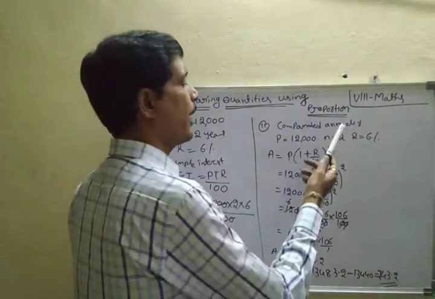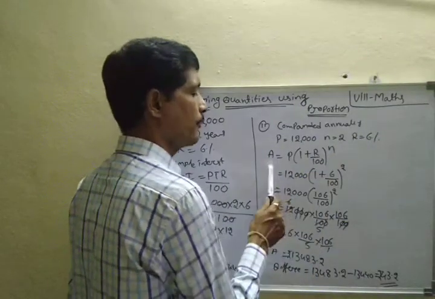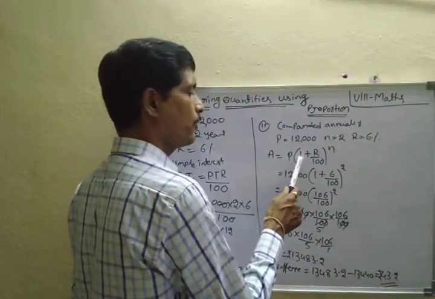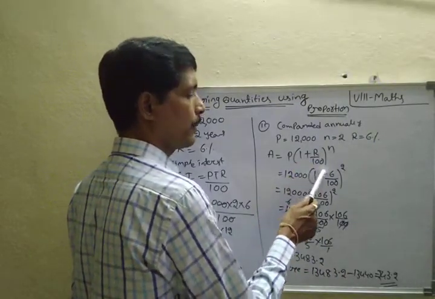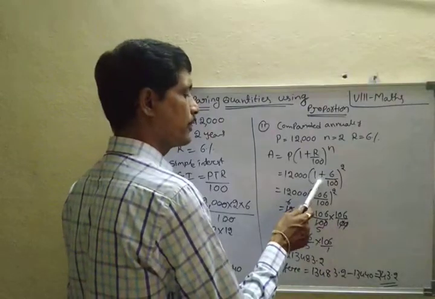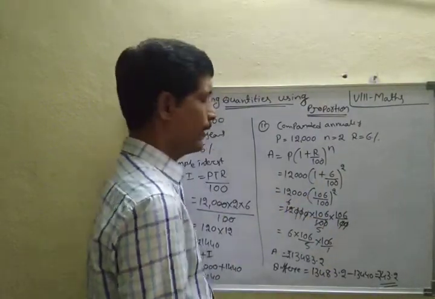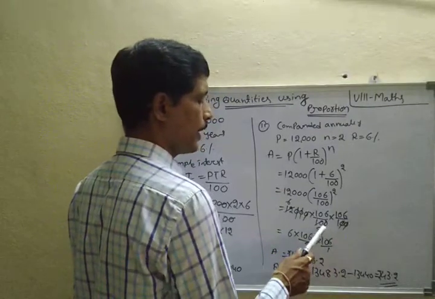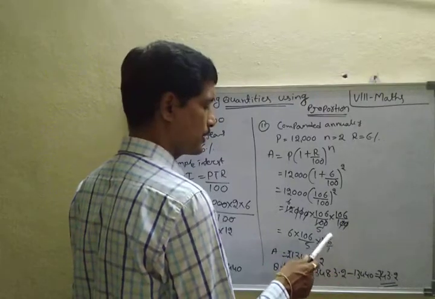Next compounded annually, P equal to 12,000, N equal to 2, R equal to 6%. Therefore amount equal to P into 1 plus R by 100 whole power N. Therefore 12,000 into 1 plus 6 by 100. Therefore here find out the LCM, that is 100 plus 6, that is 106 whole square. Therefore here 12,000 into 106 by 100 into 106 by 100. Zeros get cancelled. 6 into 106 by 5 into 106 by 1.